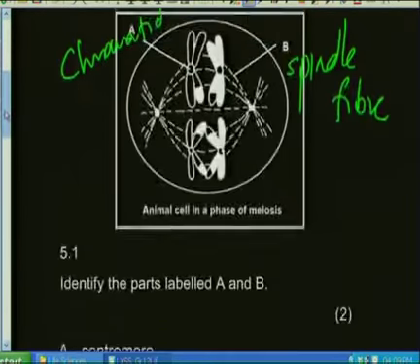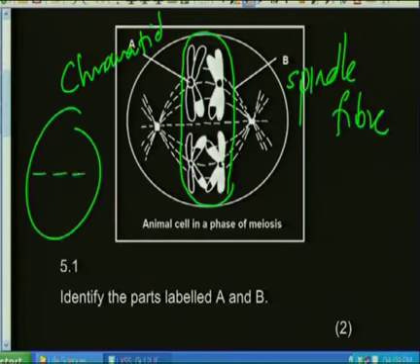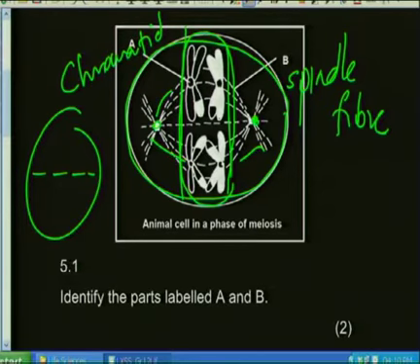Again, remember I told you they can ask you that. Now here, where are the chromosomes? The chromosomes are lying at the equator, middle of the cell. And again, I must stress at this point that the middle of the cell doesn't always mean middle from top to bottom. It can also be, like in this diagram, side by side. Here's the spindle fibers forming that way. So therefore, your middle of the cell is there. And they're lying in the middle how?